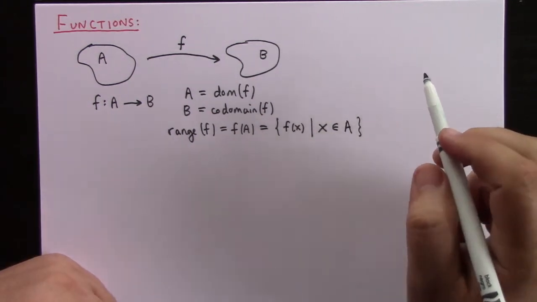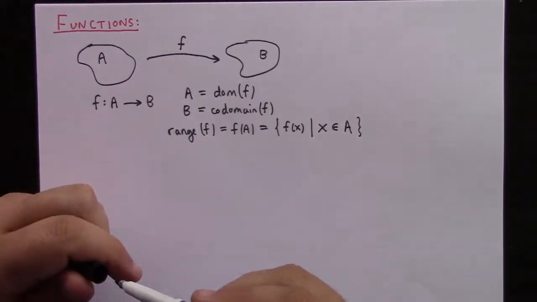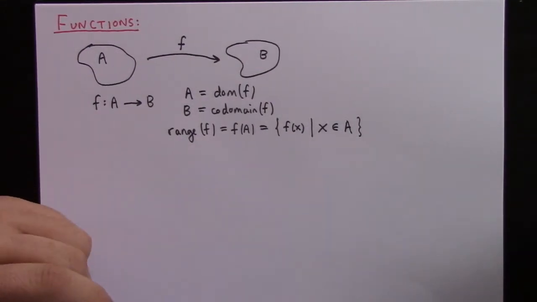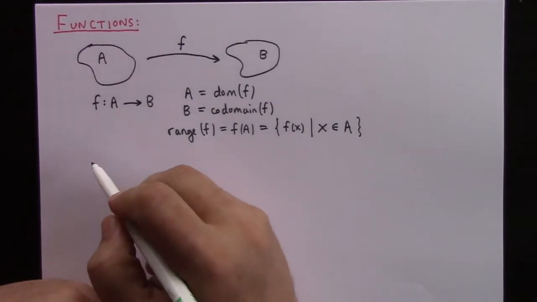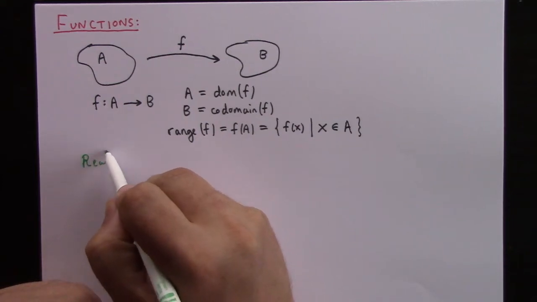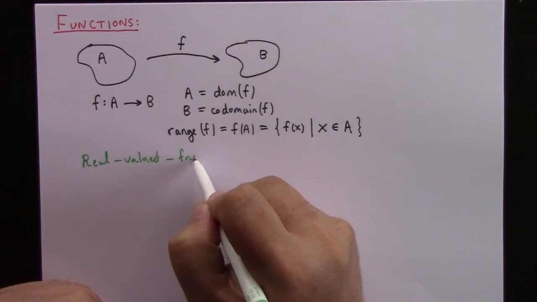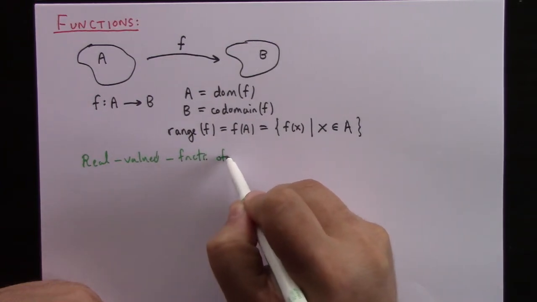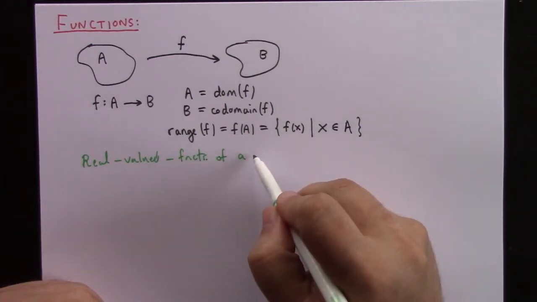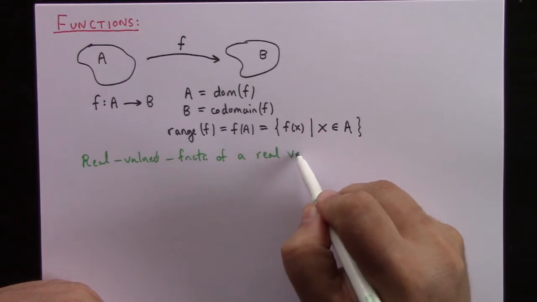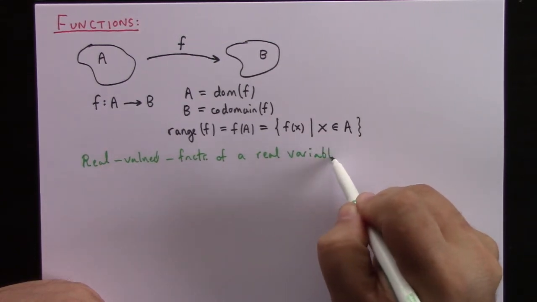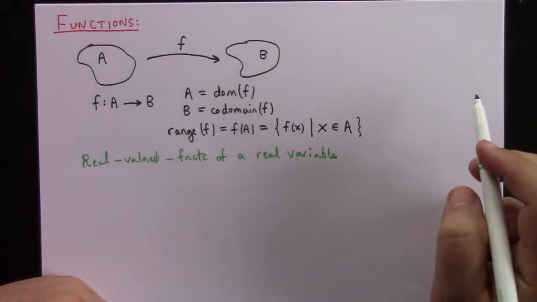Now, by and large, in calculus we study what are called real valued functions of a real variable, right? Real valued functions of a real variable we can describe a couple different ways.